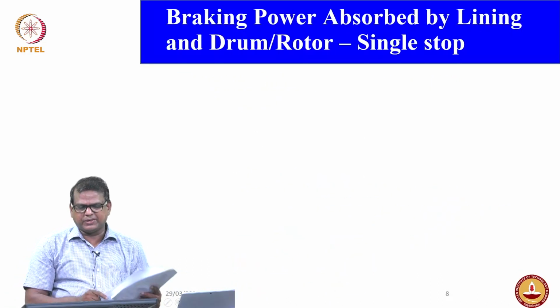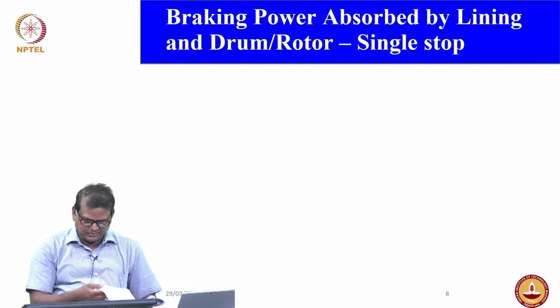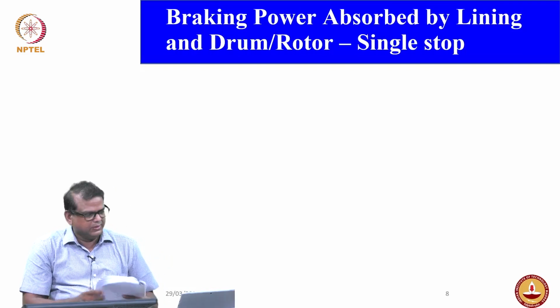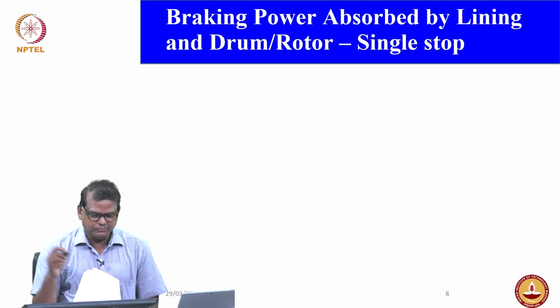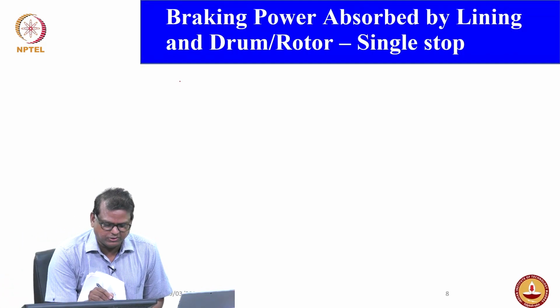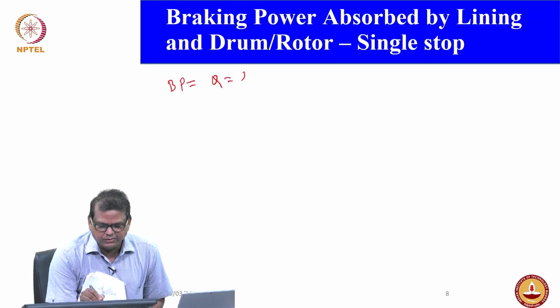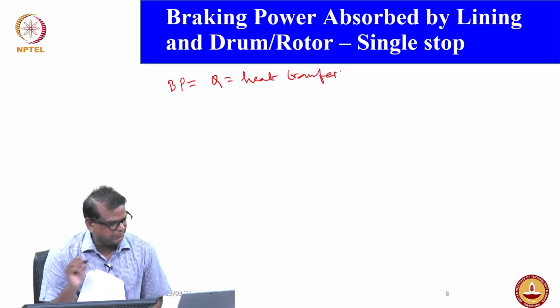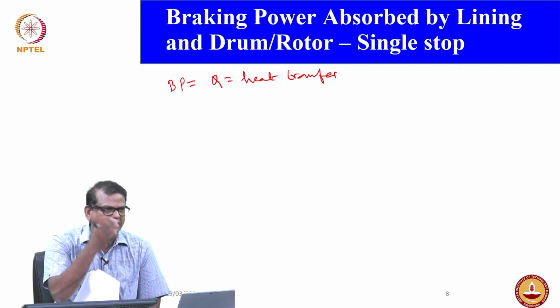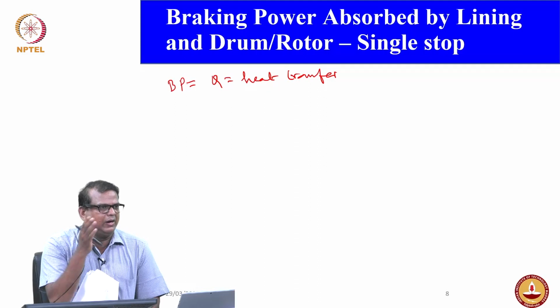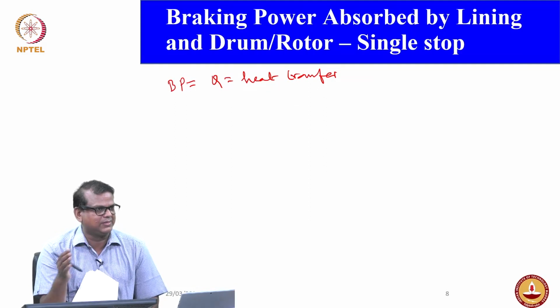Okay. So, braking power absorbed by lining and drum. I need to give some simple information for your understanding. When you talk about the power, BP or Q or heat transfer, we indicate the same thing. So when we talk about the heat transfer between the lining and drum, or between the lining and the rotor, they are the same. Drum and rotors are the same.